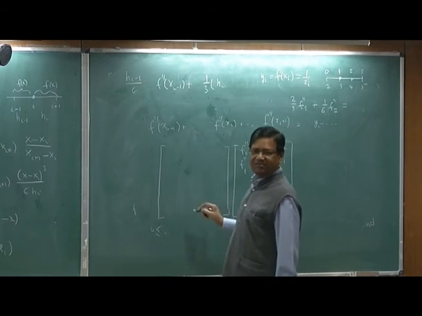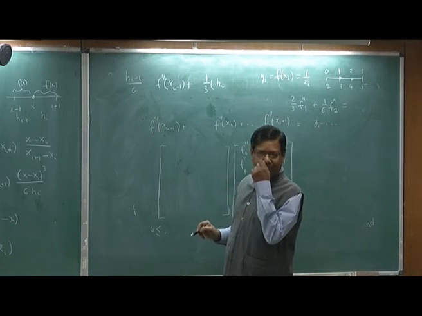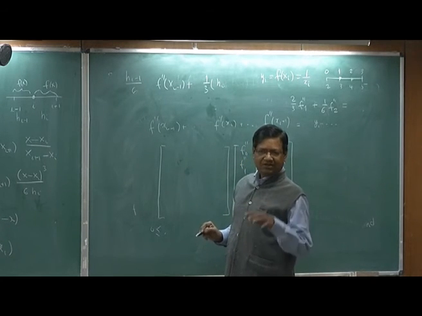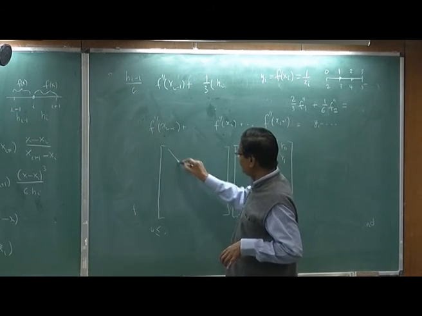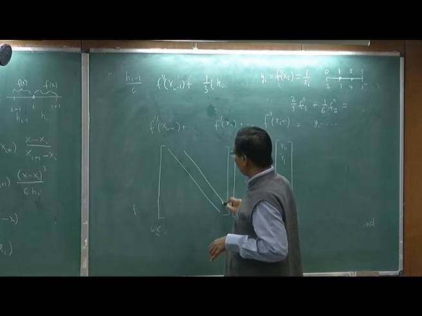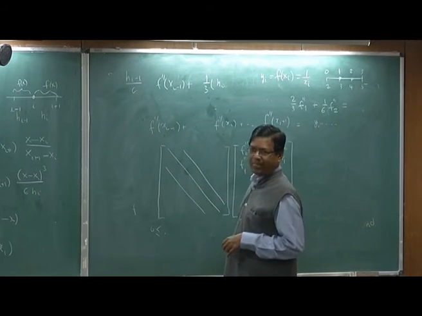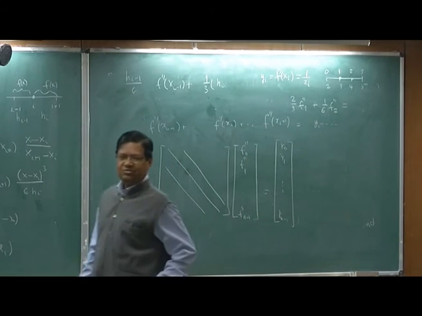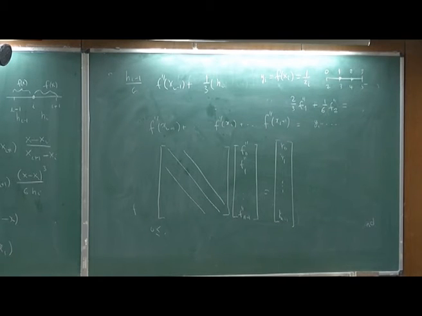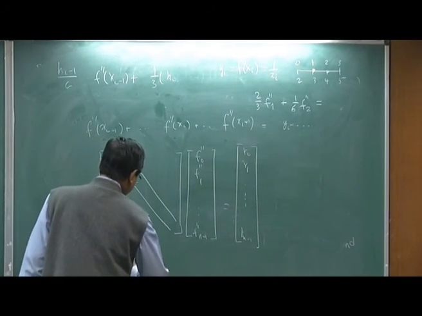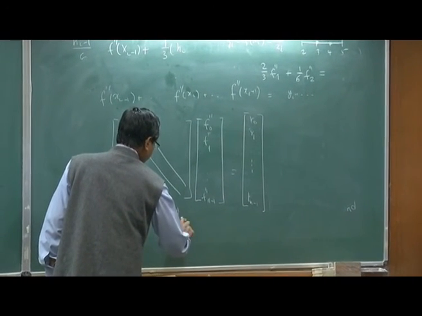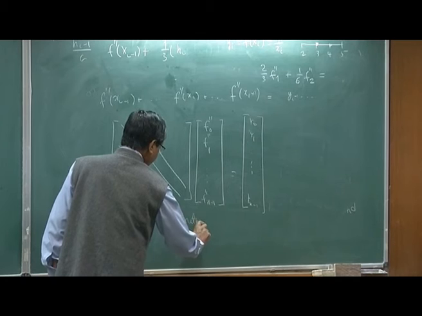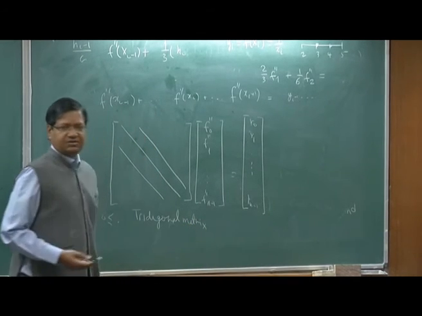How will the matrix look like? 3 entries. So this is called a tridiagonal matrix. Elements here, elements here. So we can write this equation in terms of a matrix, a tridiagonal matrix, and we can solve it.